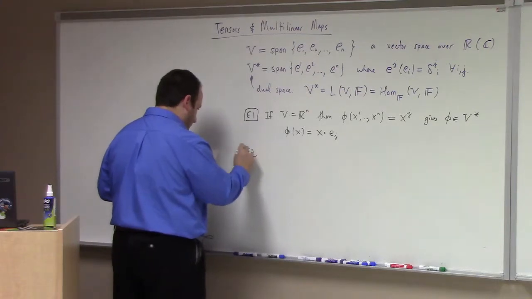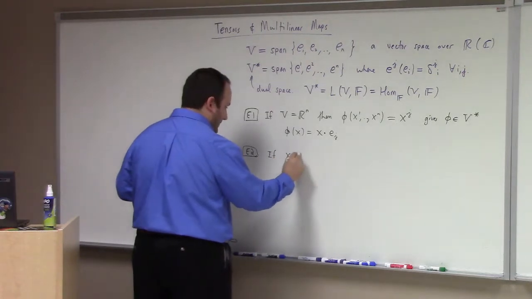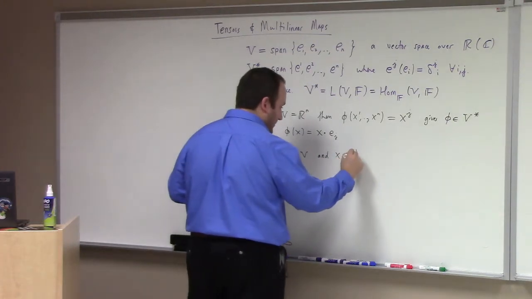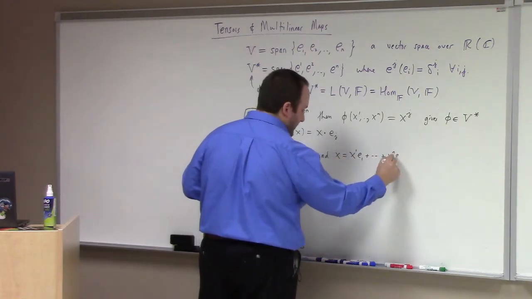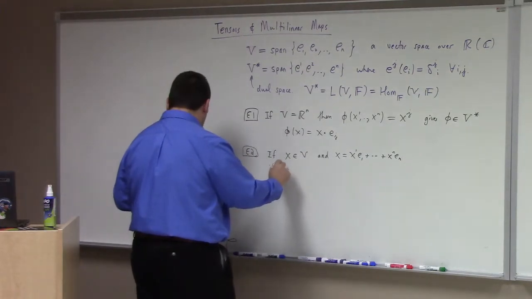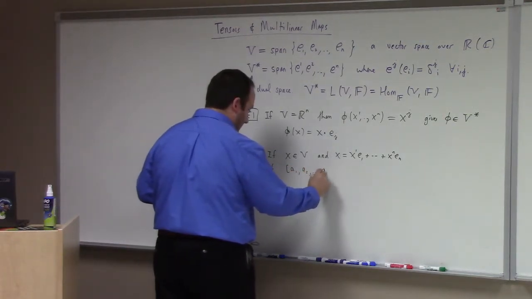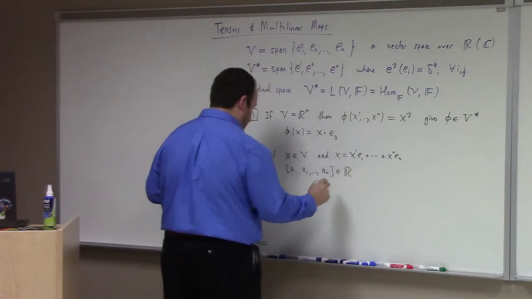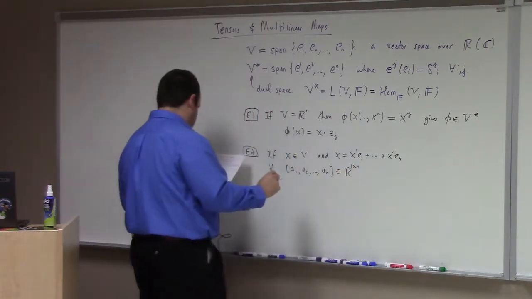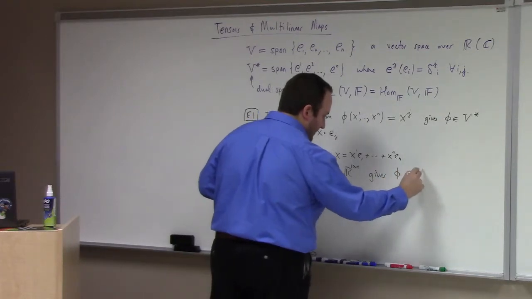Example 2. If x is an element of the vector space, and x is equal to x1 e1 plus ... plus xn en, then if you take any row vector, let's say a1, a2, ..., an, and I'll keep it real here for just a second, 1 by n, this gives a particular dual vector defined as follows.